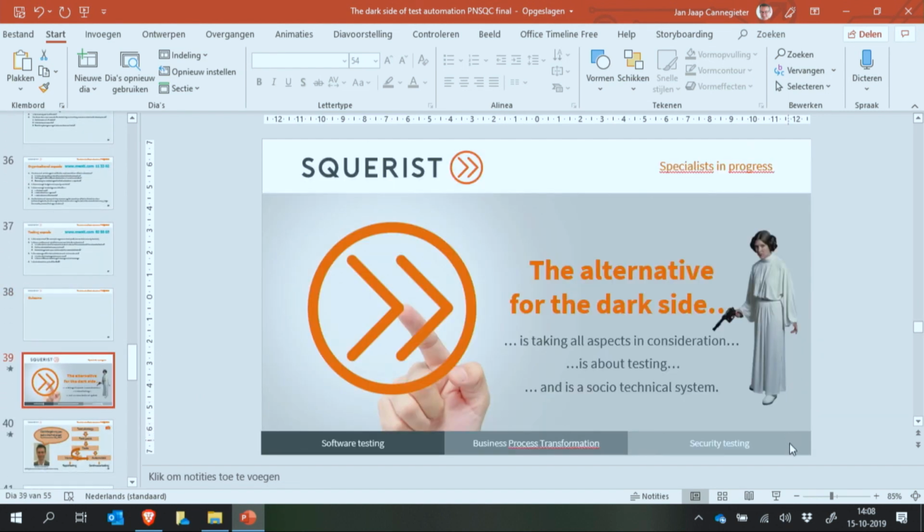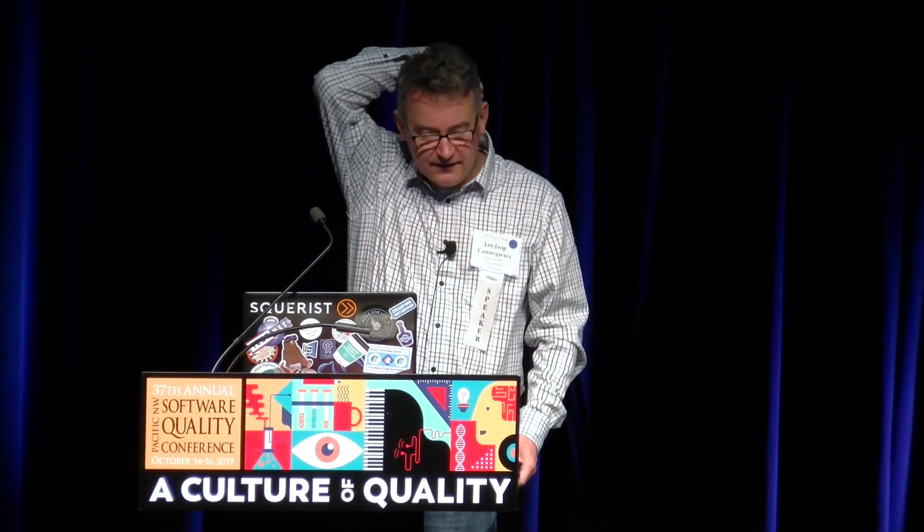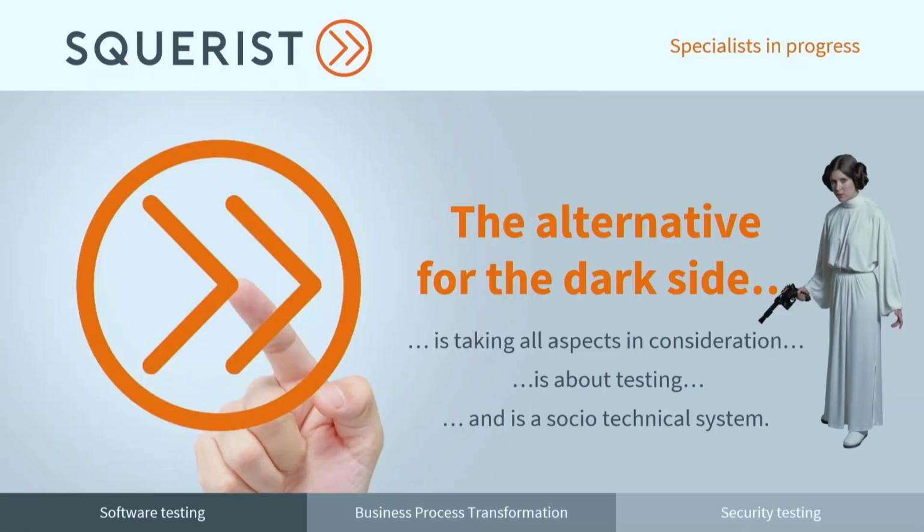So let's go back to the alternative for the dark side. If you're going to do test automation, take all aspects into consideration. Make sure you look at the technical aspects, the organizational aspects, and the testing aspects.